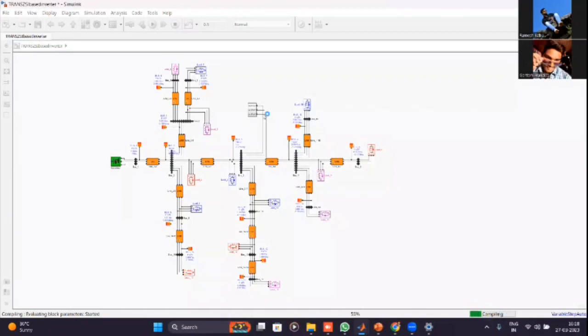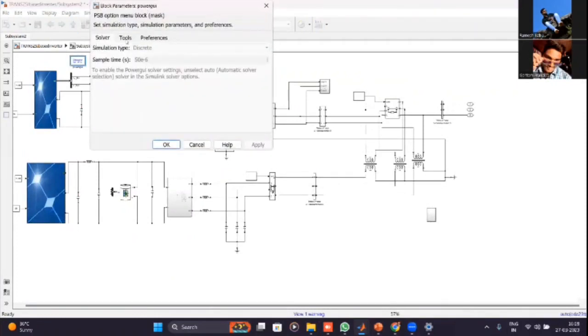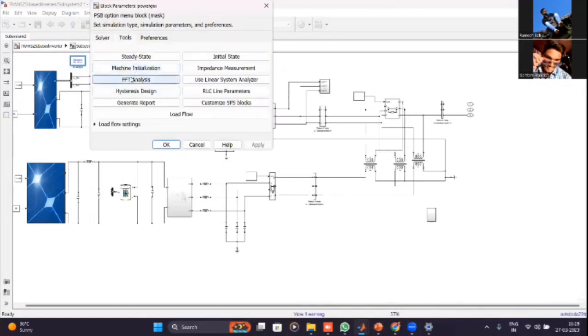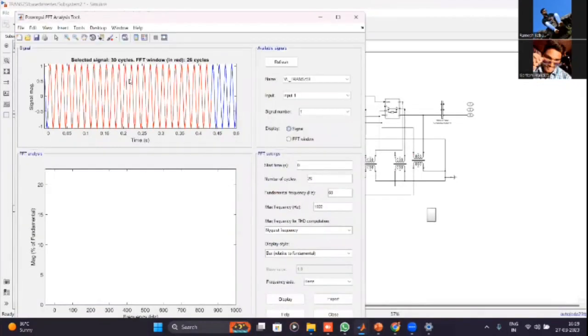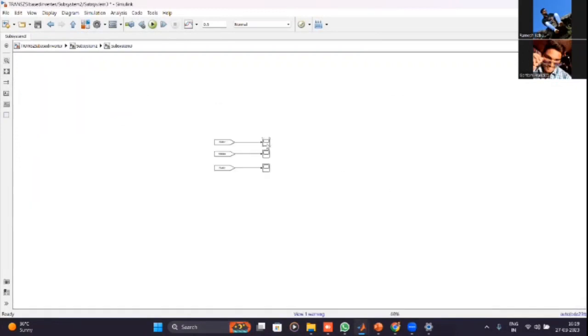Here it is comparing. These are the final results of this project.